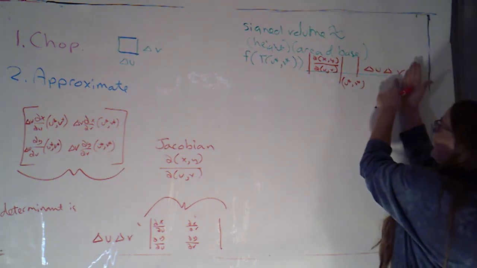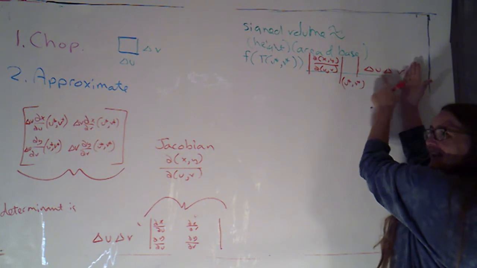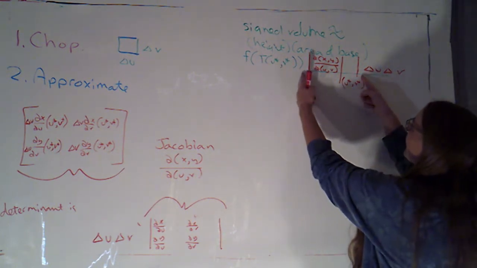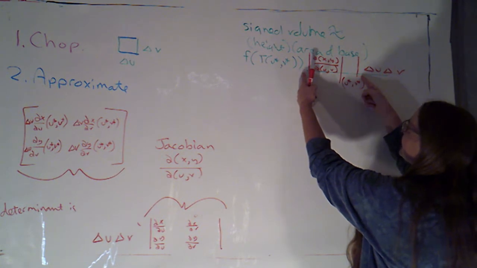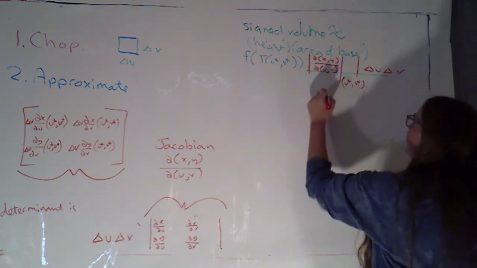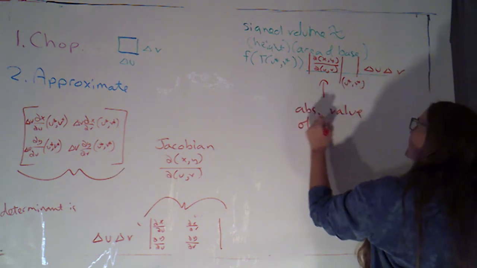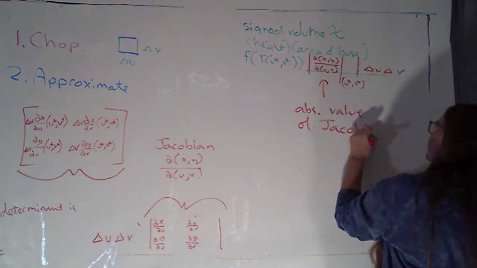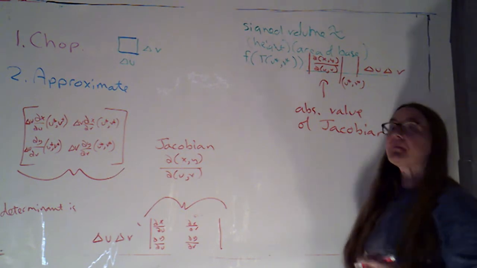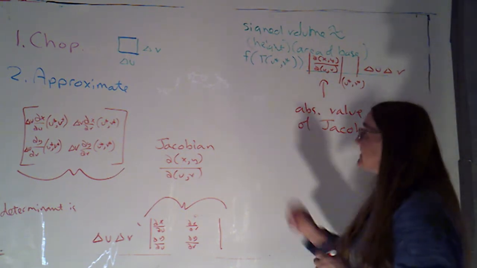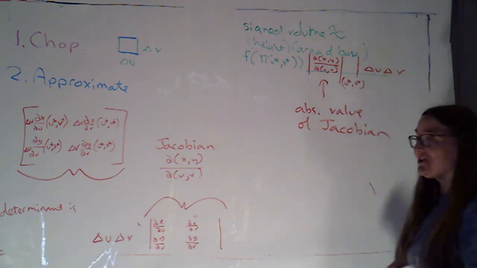This delta u delta v is going to become my dA in the uv plane. This right here is the scaling factor, so the absolute value of the Jacobian. Okay, so that takes us through our approximation step.